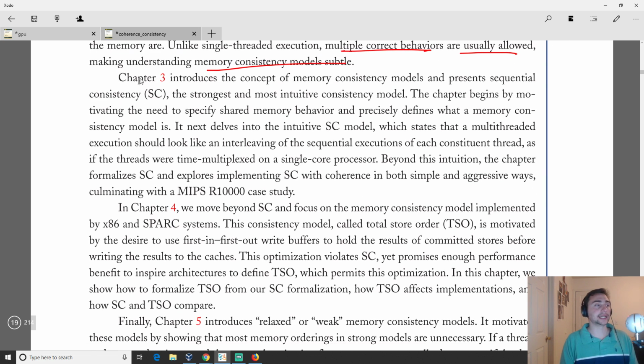So we'll go ahead and introduce those in chapter 3, starting at the most conservative and the most intuitive of memory consistency models, which is sequential consistency.